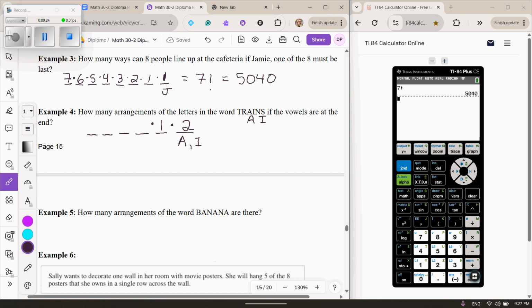I have 4 letters left to place because the A and the I have been used. So it's going to be 4 times 3 times 2 times 1. So everything but the vowels. If we were to simplify this in factorial notation, it would be 4 factorial times 2 factorial. Okay, and that is 48.